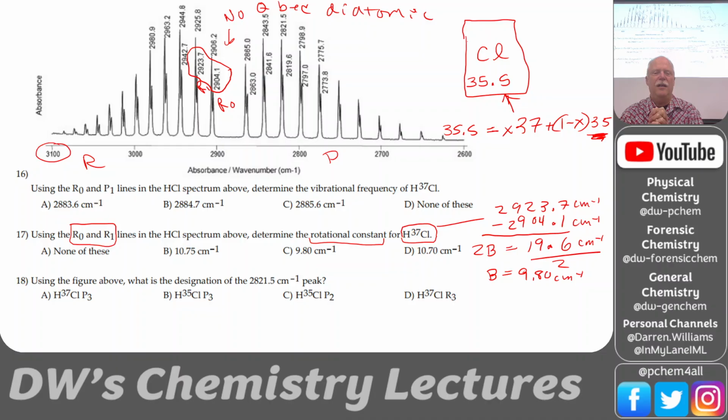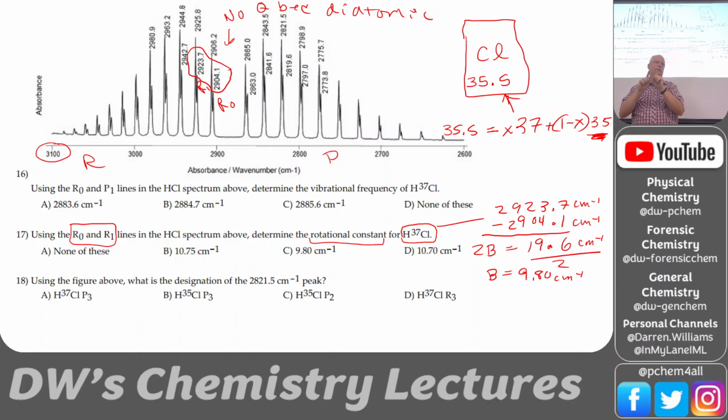Also, notice how there's really no difference in the spacing as we go out between 37 and 35. Right? 37 and 35 are always next to each other by the same amount. So there's no difference in bond length.